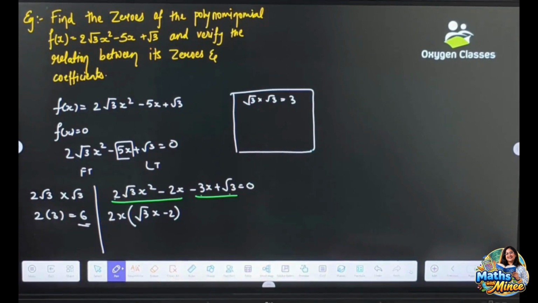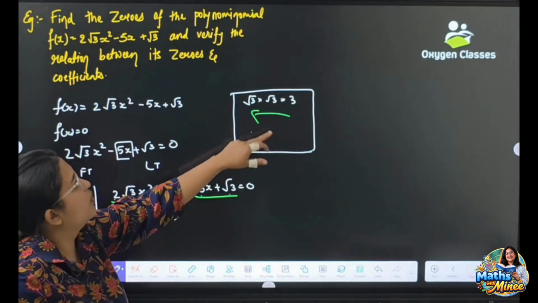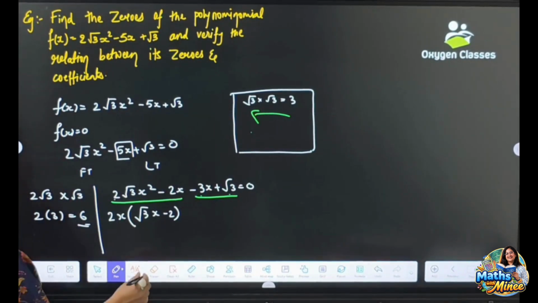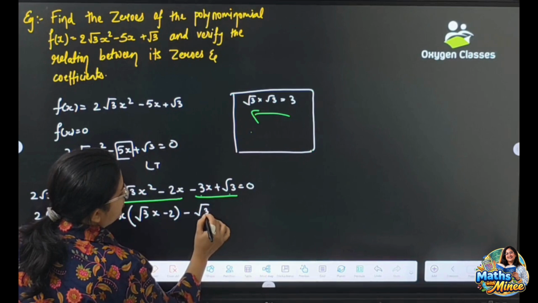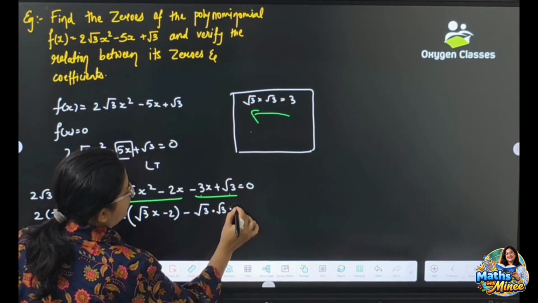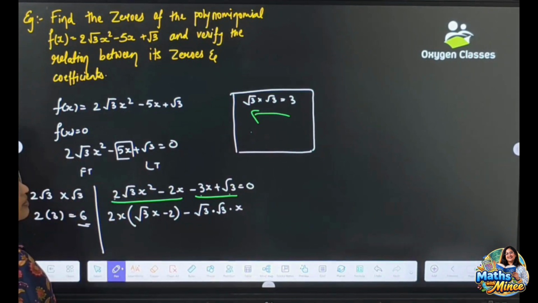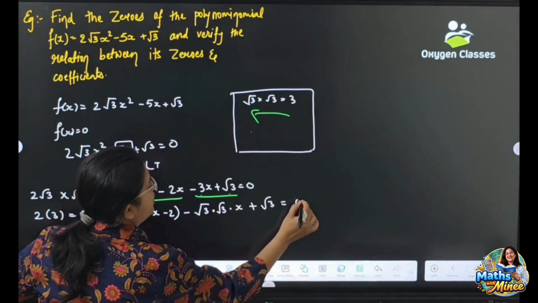You know those things, right? तो क्या मैं यहाँ पे reverse में चली जाऊं? For this 3, can I write like this? Minus root 3 into root 3 into x plus root 3 is equal to 0.